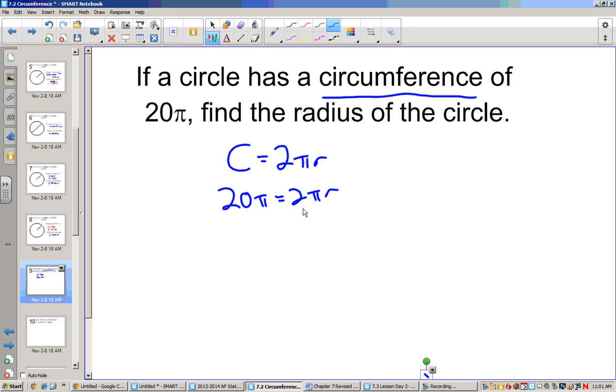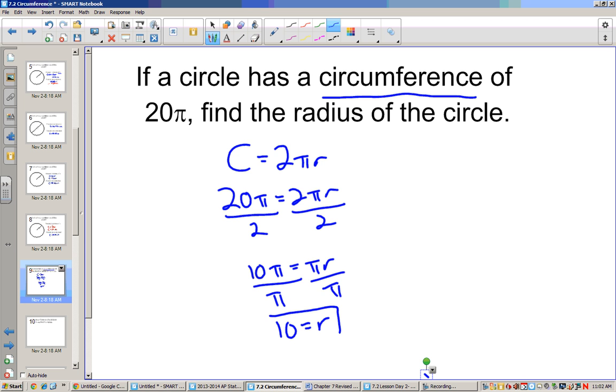Now we can divide both sides by 2. So this becomes 10 pi equals pi times r. Then if we divide by pi, 10 pi divided by pi is just 10. So my radius is 10 units.